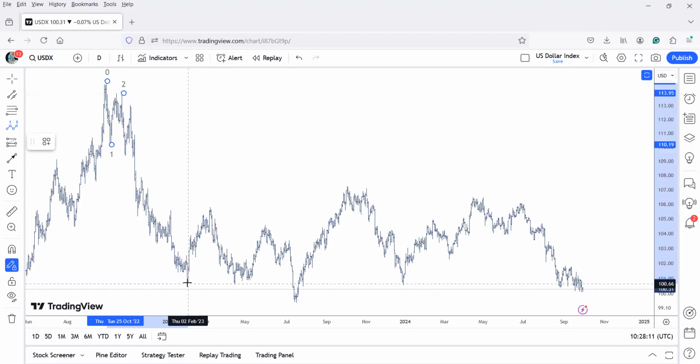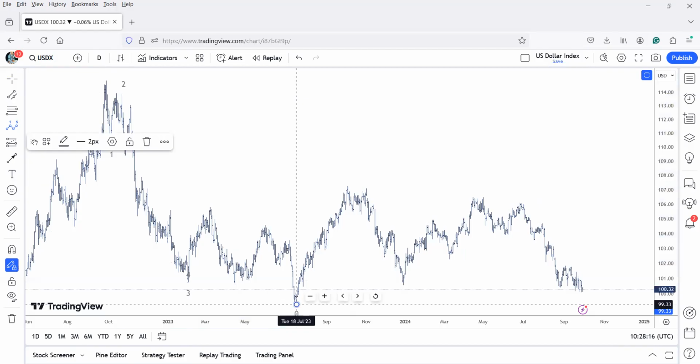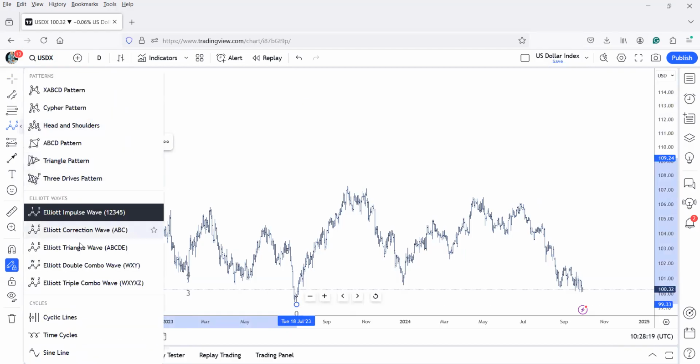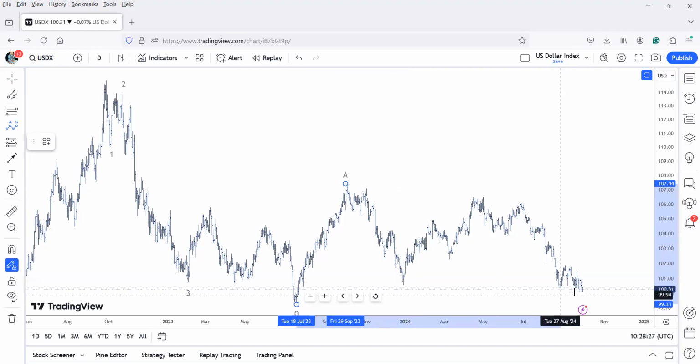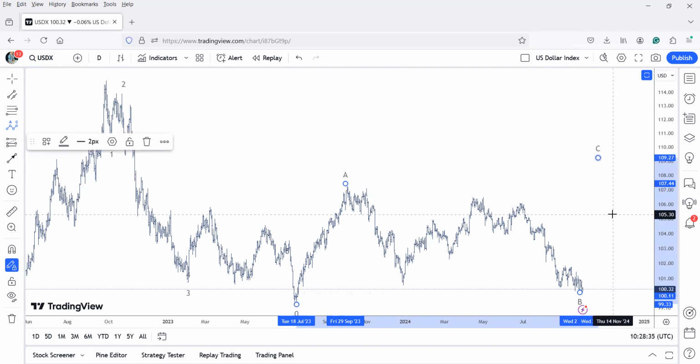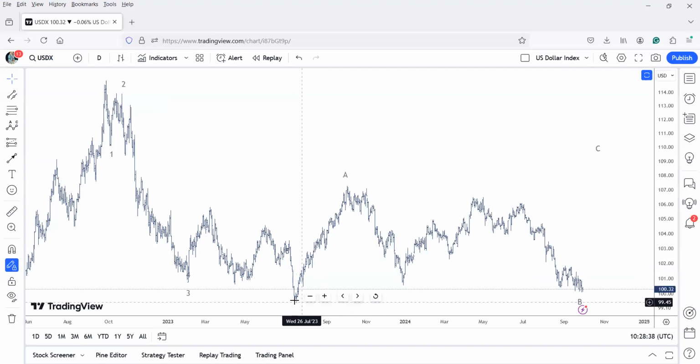That is extended wave 3, triangle wave 4, and wave 5. Then possibly we are looking towards capital A, the minor degree, capital B goes there, and capital C up there. So it will be intermediate wave 1/A or intermediate wave 2/B before the C wave goes again.